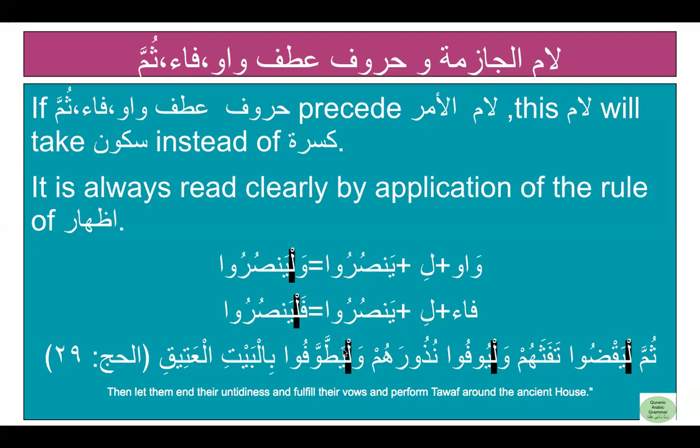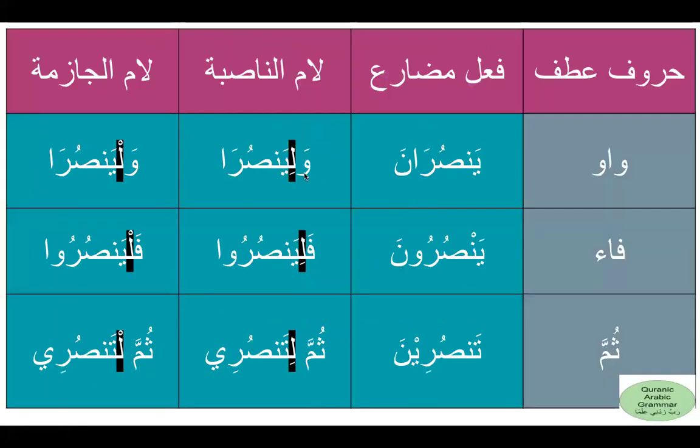Here, and here, there is a sakoon, and we know for sure that this mudari is majzoom, and there is no way we are going to confuse the lam as lamu ta'lil or lamun nasiba, because lamun nasiba, also known as lamu ta'lil, remains unchanged when waw, fa, or thumma are present before it.